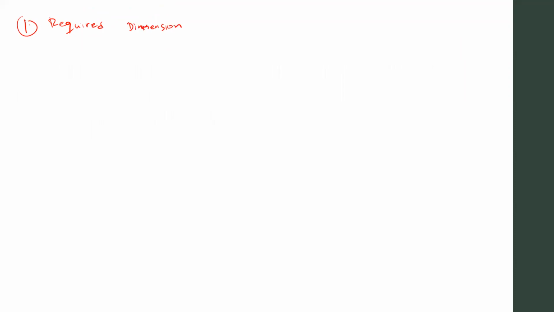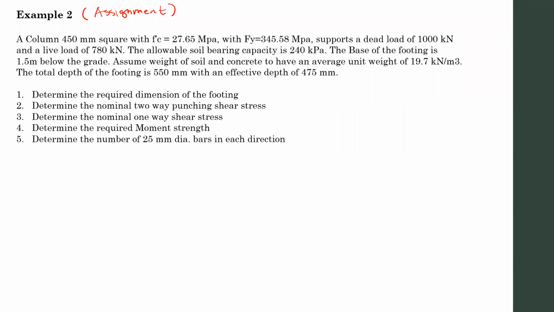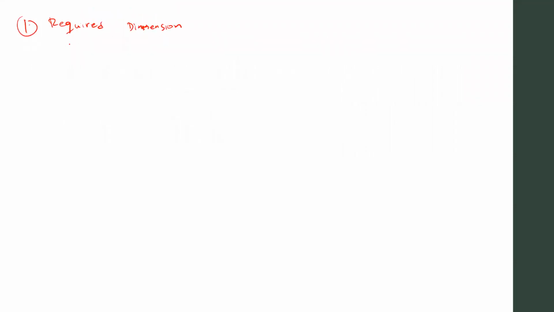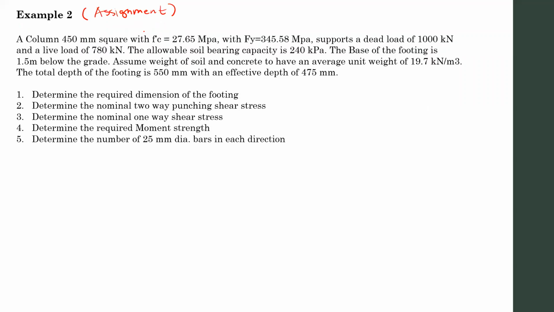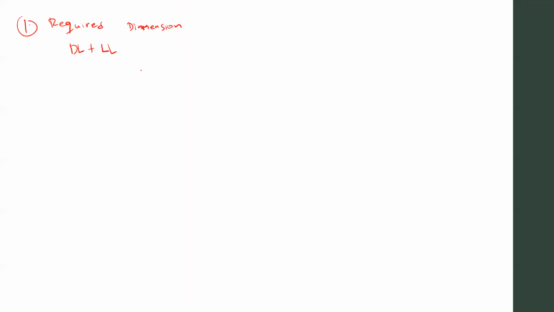Okay? In your required dimension, dapat unfactored load 'yon, 'di ba? So ang unfactored load, meaning yung dead load mo should be added to your live load, walang factor, which is 1,000 and 780. So 1,000 plus 780, you have 1,780 kilonewton.